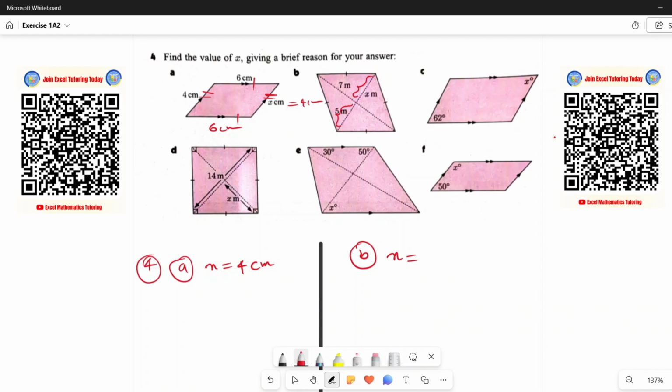So from here to here the length should be the same, and from here to here the length should be the same. Which means x equal to 5 centimeter. It's meter here, so 5 meter.